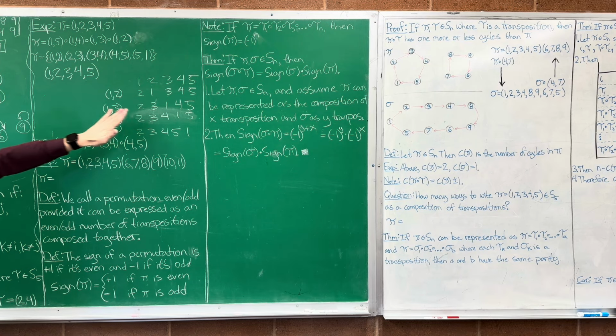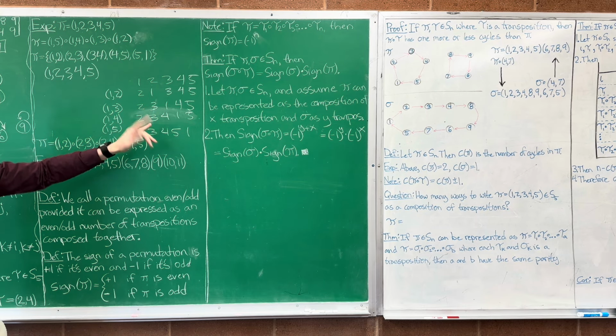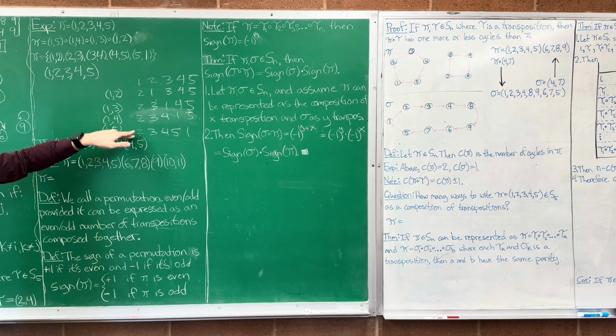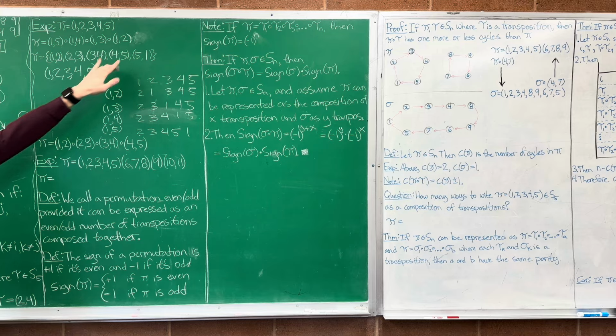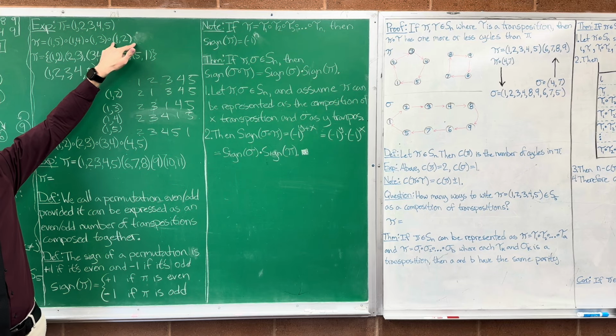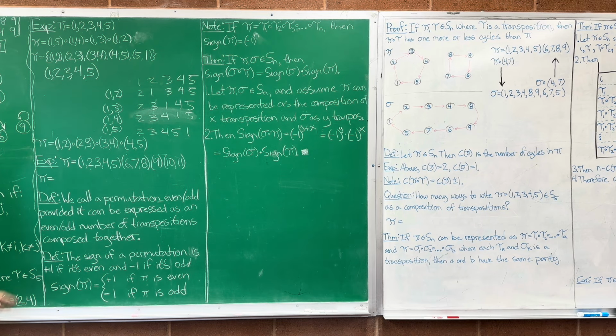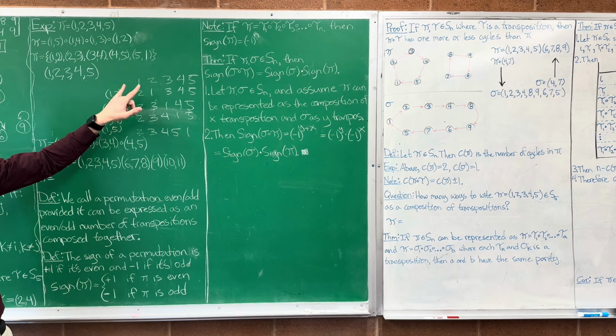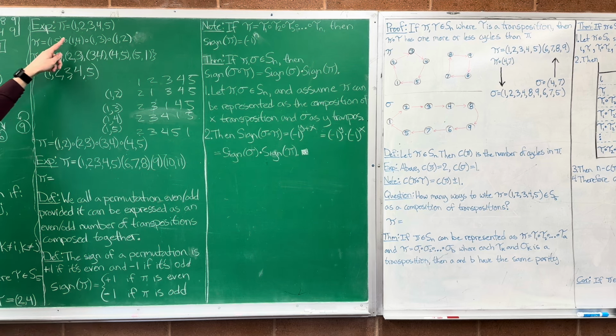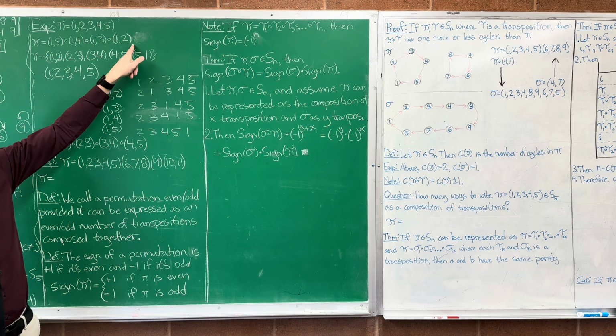So notice, we thought about it one way, just think about what are the swaps I have to do to get from here to here. And then we actually thought about it as functions and plugging in the input, and we see that they are giving the exact same thing. And so that's what a transposition is. We can think about it at a high level as a swap. And we think about this as decomposing a function into a bunch of transpositions.